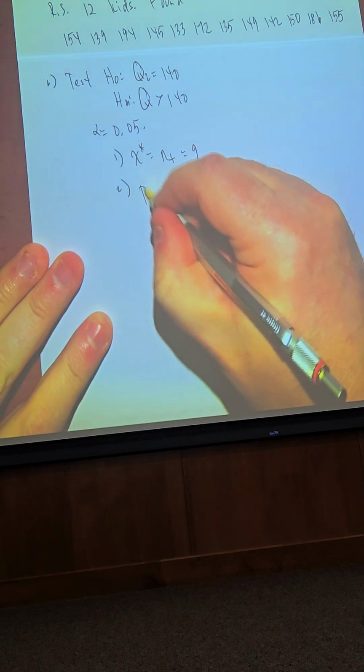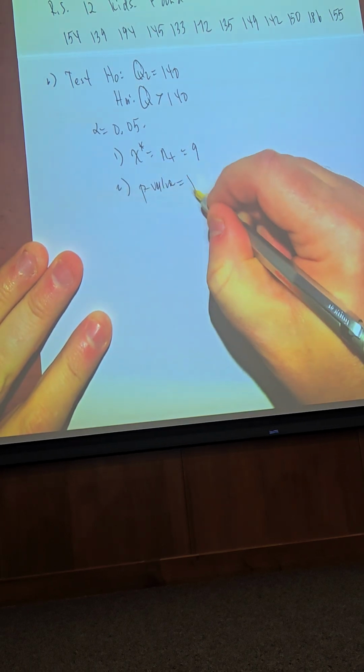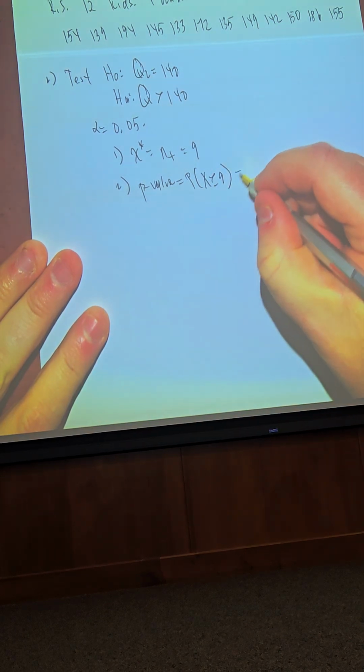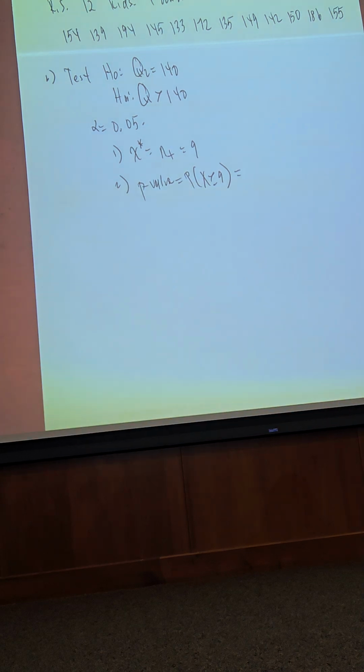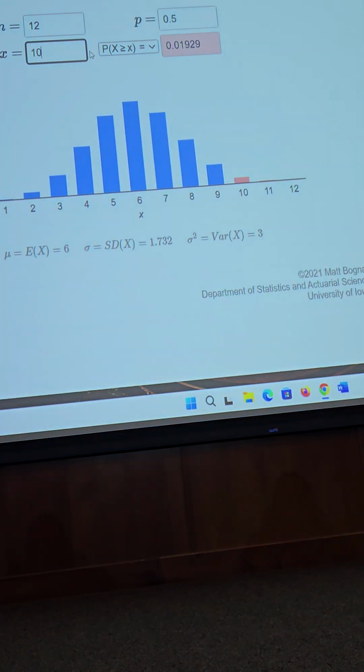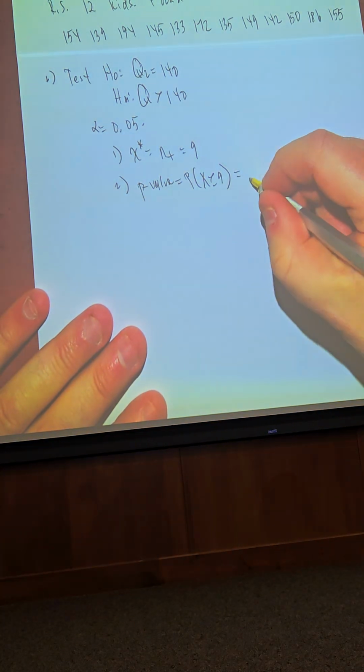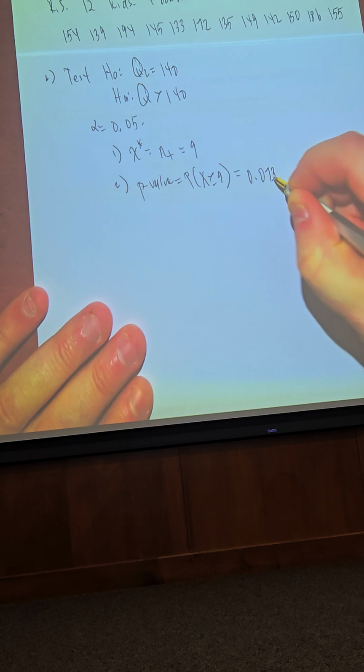My p-value is going to be the probability x is greater than or equal to 9. And so let's find that. You can do this by hand: you take the probability x is 9 plus 10 plus 11 plus 12. The probability that x is 9, 10, 11, and 12 is 0.073.